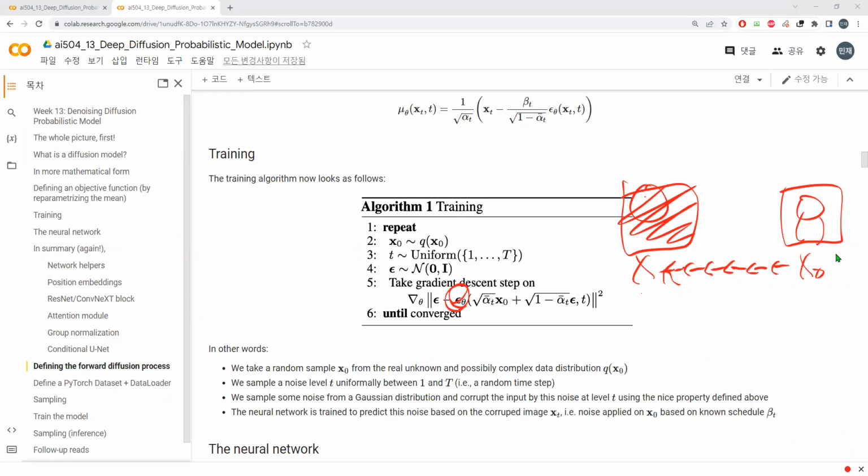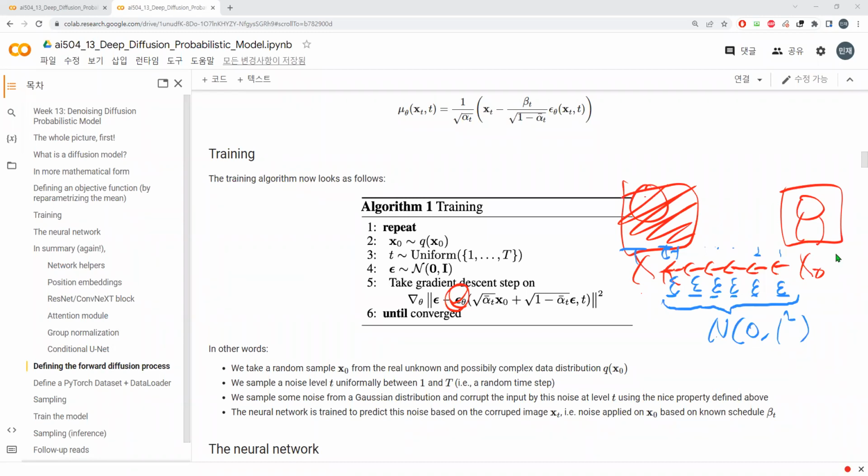There is time step 1, 2, t-1, large T-1, T. And for each time step, epsilon is sampled. All these epsilons are sampled from the standard normal Gaussian distribution, but all these epsilons are differently instantiated. Okay?